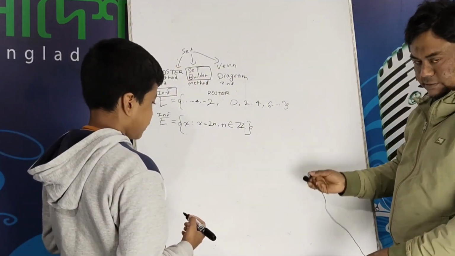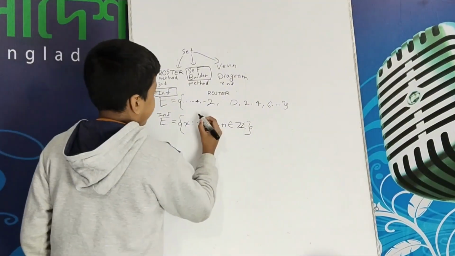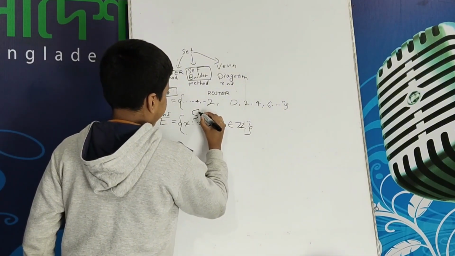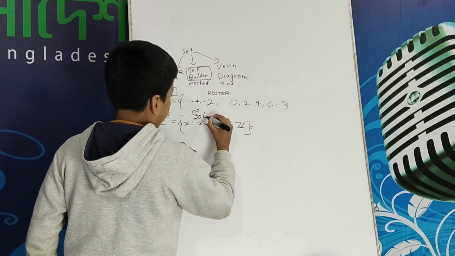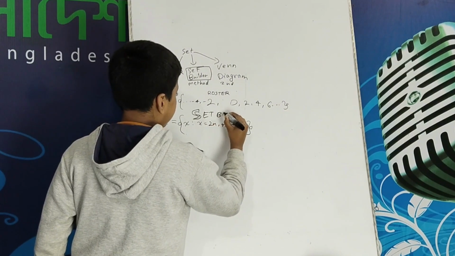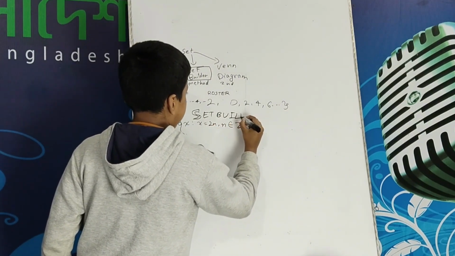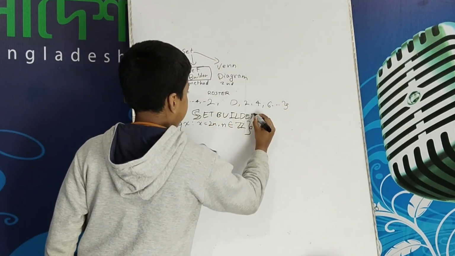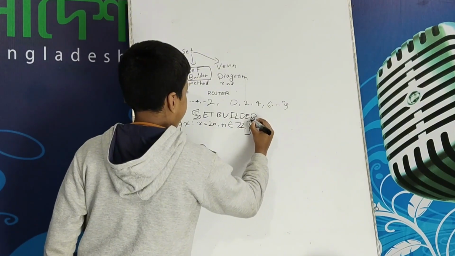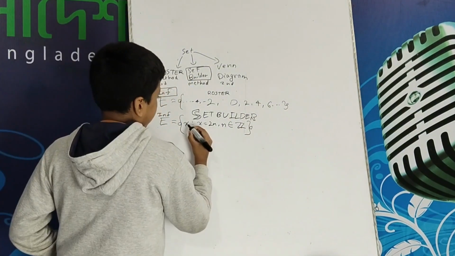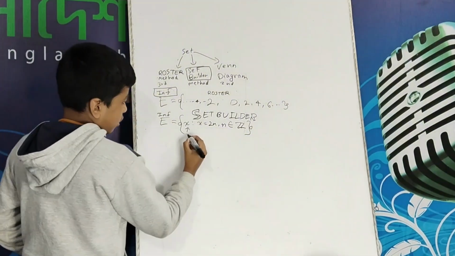Okay. Cool. This is the more advanced set builder method. Here it says x.